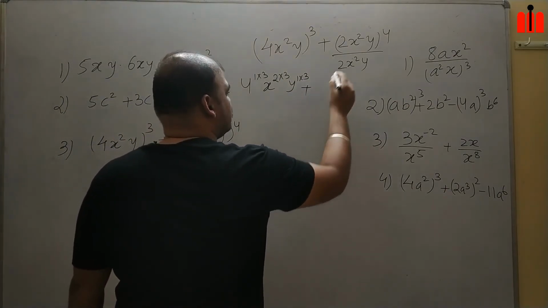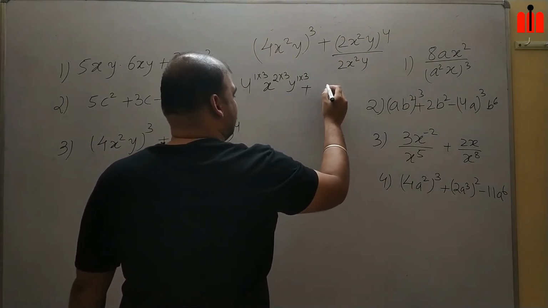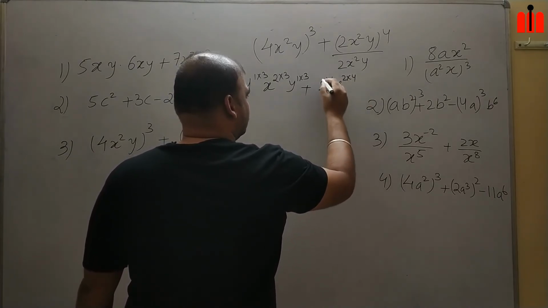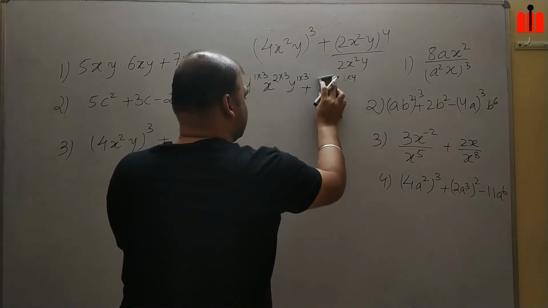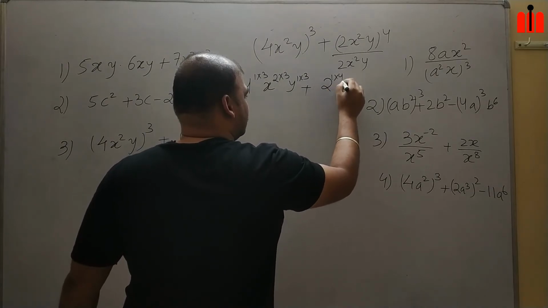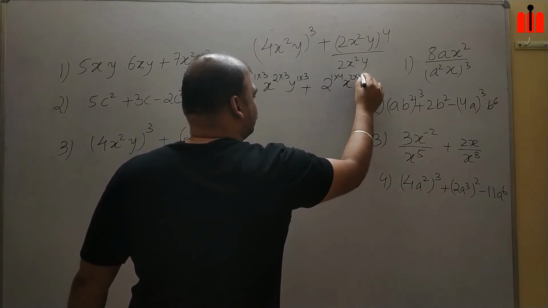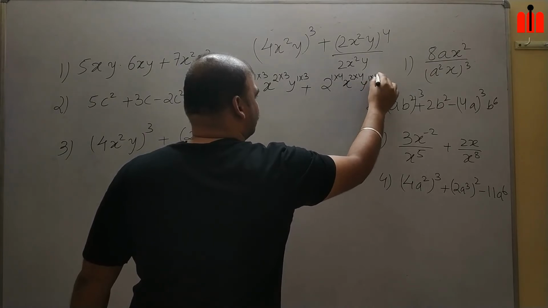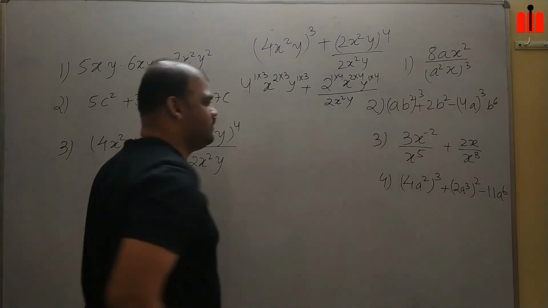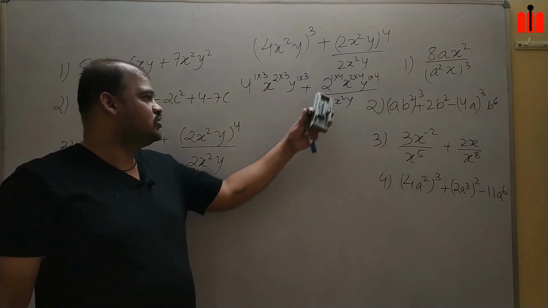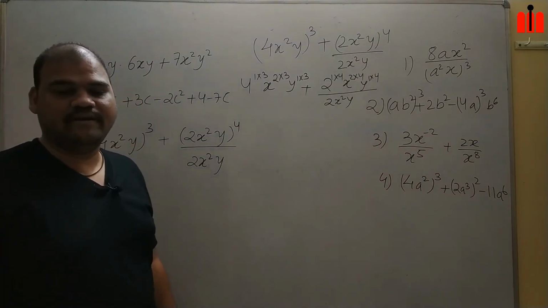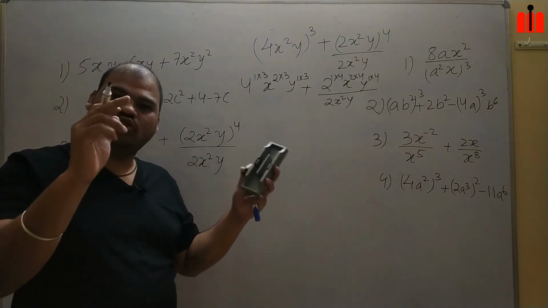Plus 2x square y to the power of 4. So 2 to the power of 1 into 4, x to the power of 2 into 4, y to the power of 1 into 4, divided by 2x square y. I will write it the same way as I wrote the first term. This 4 is multiplied first with 1, because it is 2 to the power of 1 whole to the power of 4.